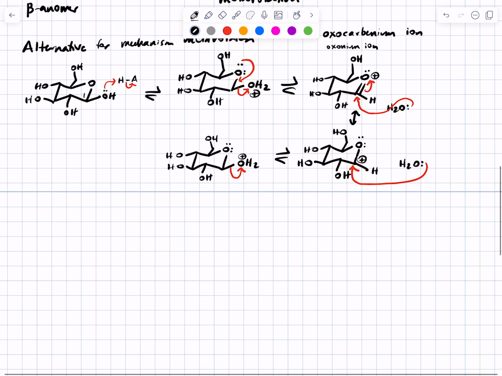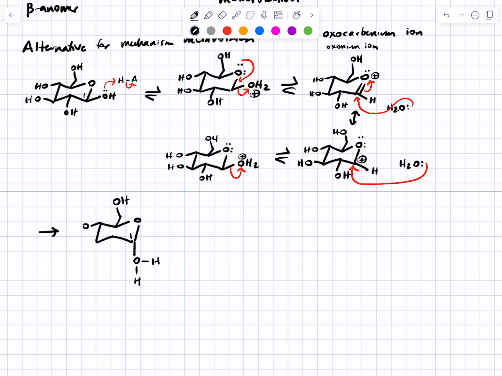Now I've entirely run out of space, so we'll just show you the product of that, which has this OH2 group on C1. And then, of course, we can regenerate our acid catalyst with the conjugate base of our acid deprotonating at the oxygen, and that will get us to the alpha anomer.